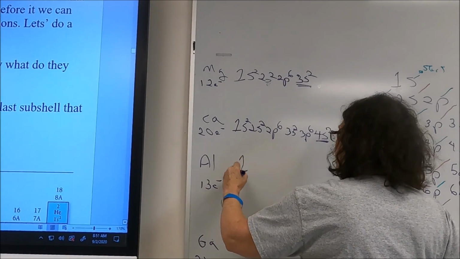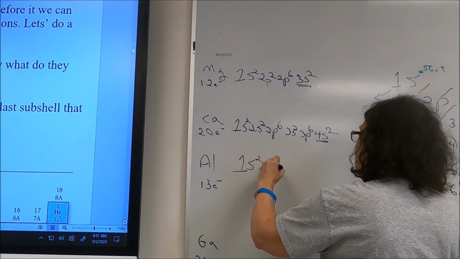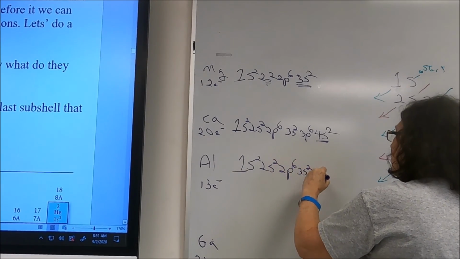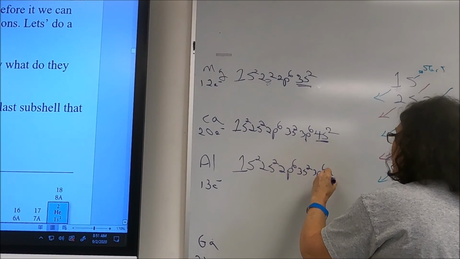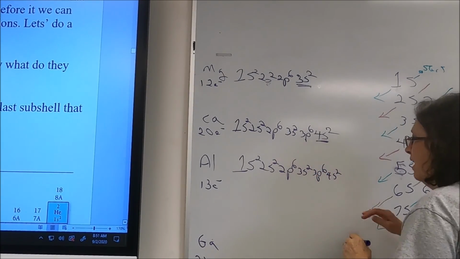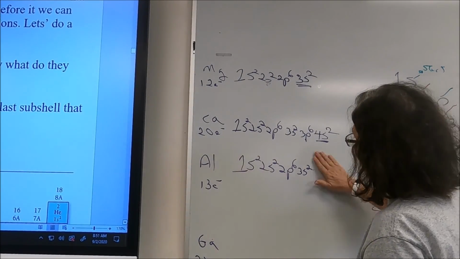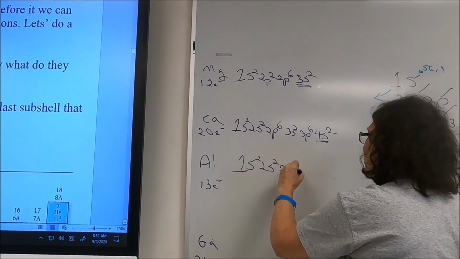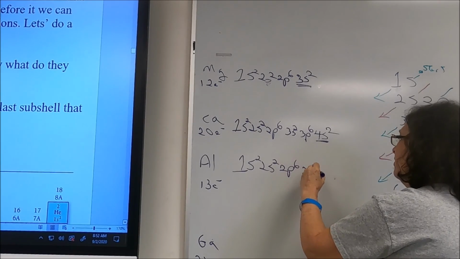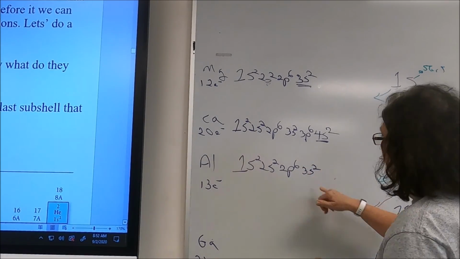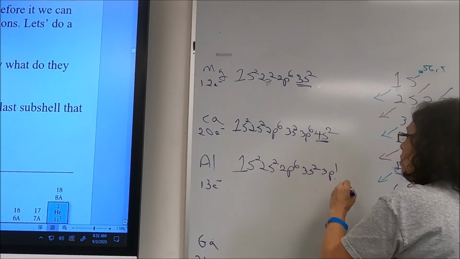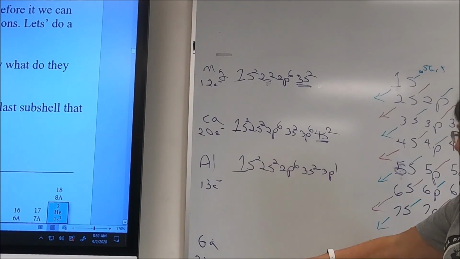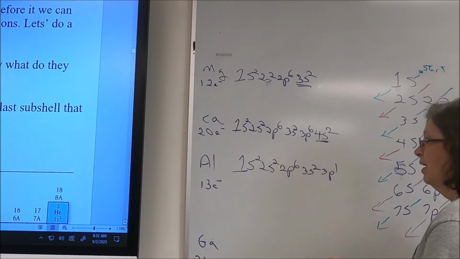Aluminum, then I go 1s2, 2s2, 2p6, that's 10, 3s2, that's 12, 3p1, it's aluminum. I was headed toward gallium, I apologize.